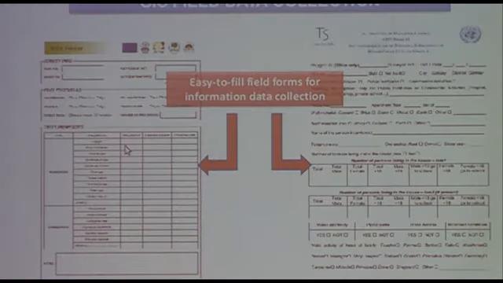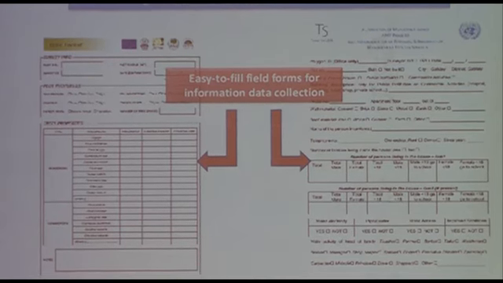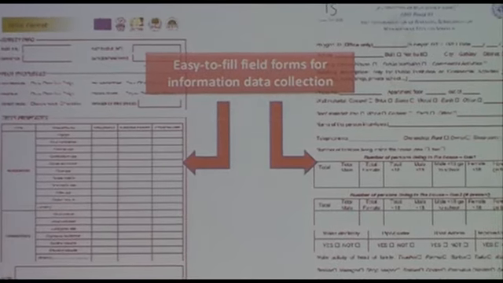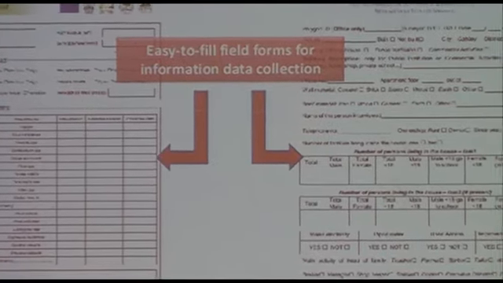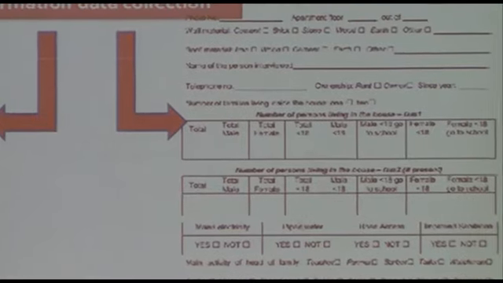As I told you before, we always set up the information by sharing with the local counterpart. I mean, we didn't provide the form and give it to them. We set up the field forms together with them, field by field, value by value, so it was a completely shared decision.